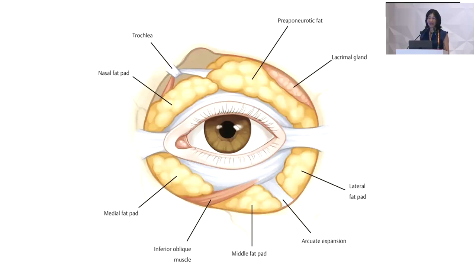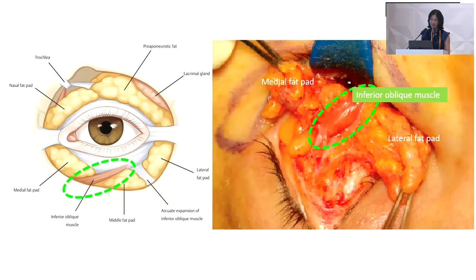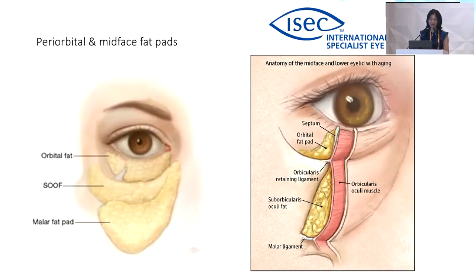There are three distinct fat compartments in the lower eyelid, which is the medial, the middle, and the lateral fat pad. The medial fat pad is separated from the middle fat pad by the inferior oblique muscle, while the central and the lateral fat pad is divided by the arcuate expansion of the Lockwood's ligament. So the important landmark is the inferior oblique muscle, which we will need to try to avoid during vigorous dissection.